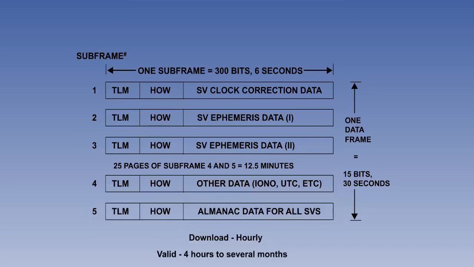A series of 25 frames is required to download the whole almanac, which is usually done hourly and is valid from 4 hours to several months, depending upon the type of receiver.